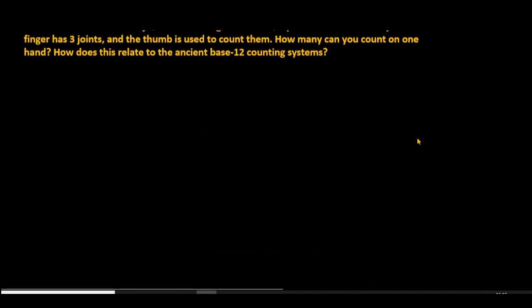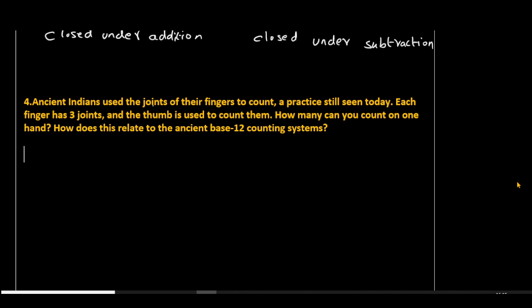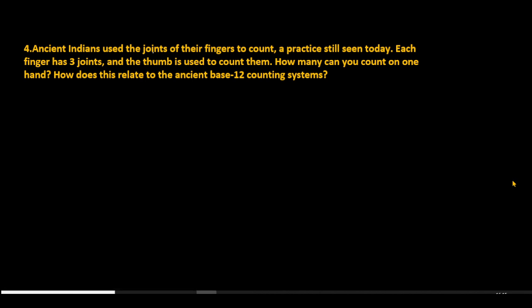Look at the next question, the fourth one. Ancient Indians used the joints of their fingers to count, a practice still seen today. You open your palm and see your 5 fingers. Except your thumb, all the other 4 fingers have 3 parts. Look here, each finger has 3 joints. You can see 3 joints in your fingers, and the thumb is used to count them.